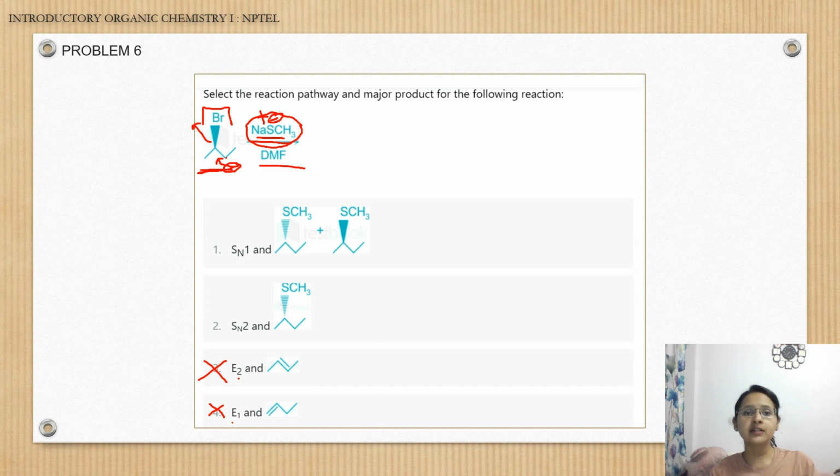Instead, the sulfur negative is a nucleophile, rather than a base. So now you have to be very careful about what they have given you in the system. Is it a strong base? Is it a strong nucleophile? You have to differentiate between these two things. Tertiary butoxide, sodium methoxide, sodium ethoxide are very strong bases. But here, the sulfur moiety is not a base. It is a nucleophile.